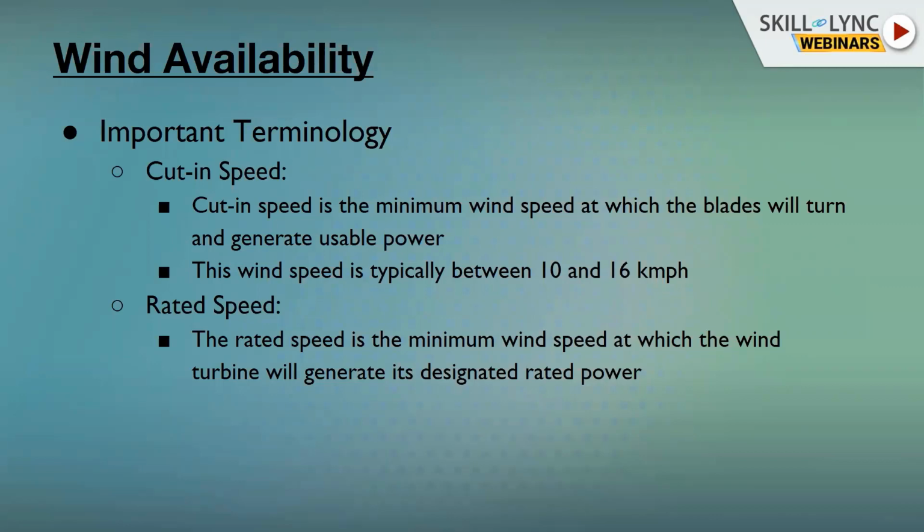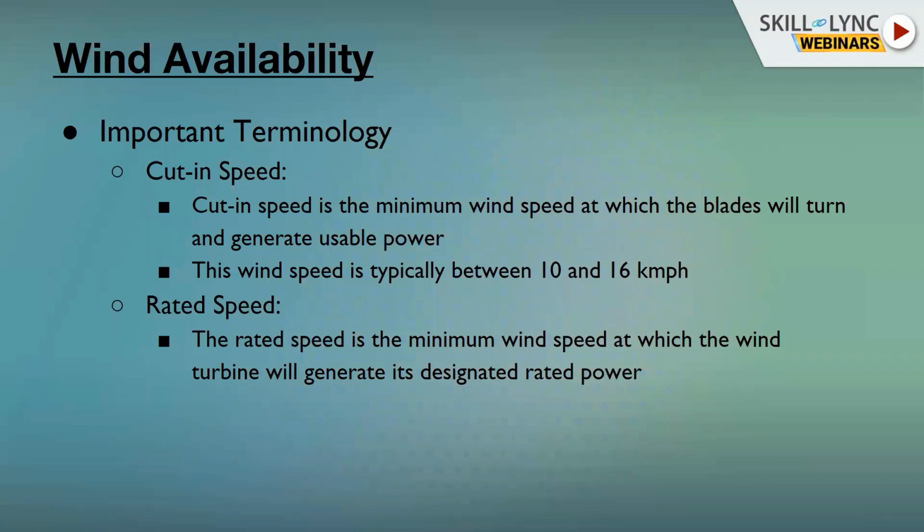The cutting speed is the minimum wind speed at which the blades will turn and generate usable power. And here they have also given one thing, that 10 and 16 kilometers per hour has been estimated to rotate the blade. And as well you can see the rated speed.